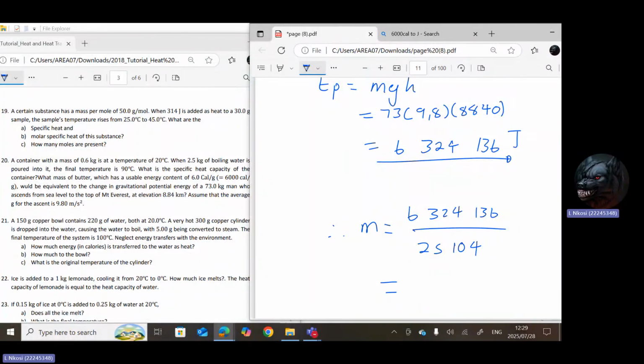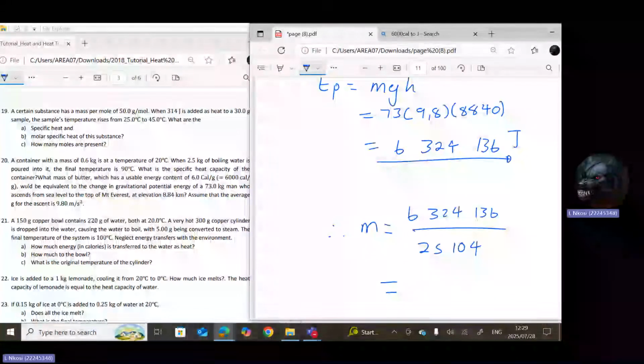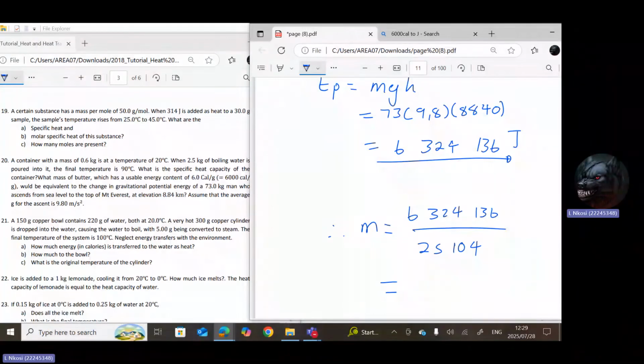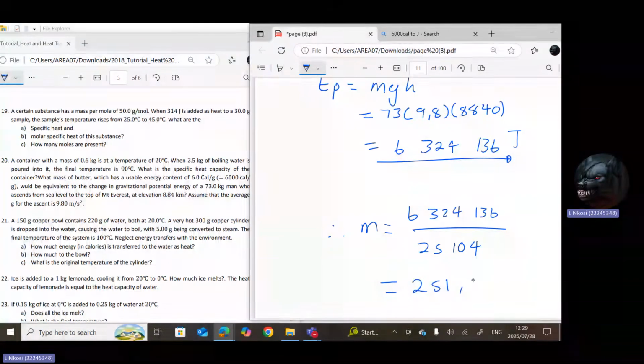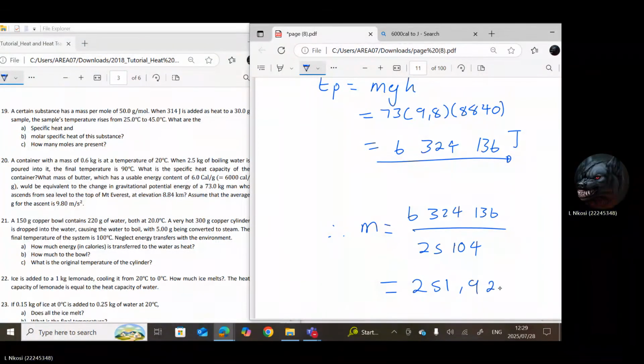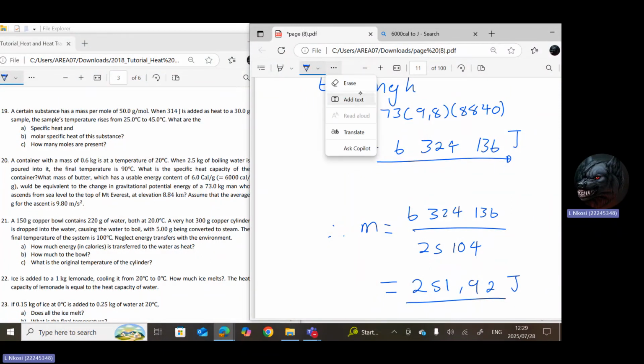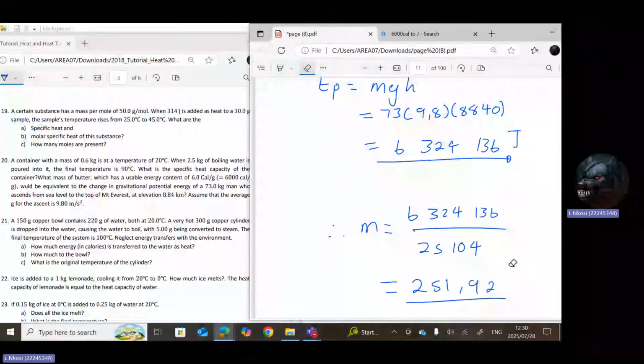Let's see what mass that is. 6,324,136 over 25,104 is about 251.92 kilograms of butter.